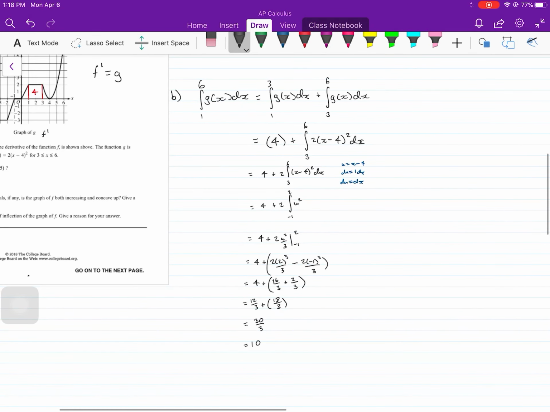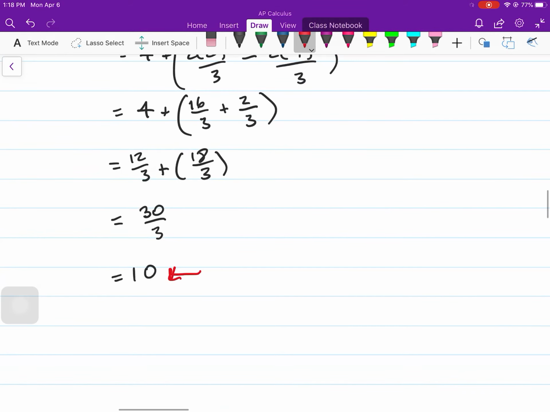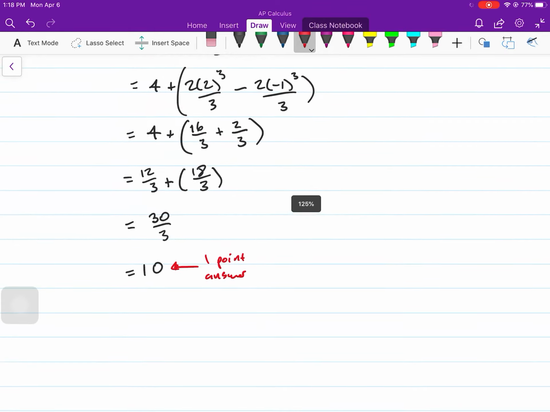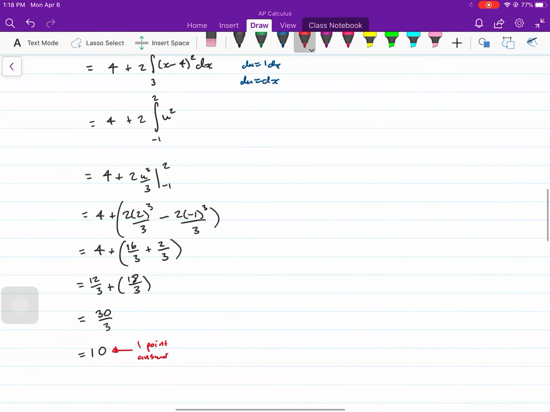So there you have it. How is this broken down? This is a 3-point problem now. So this is 1 point for the answer. My arrows are looking really bad. And then another one for the antiderivative. Yeah, it was really bad handwriting.